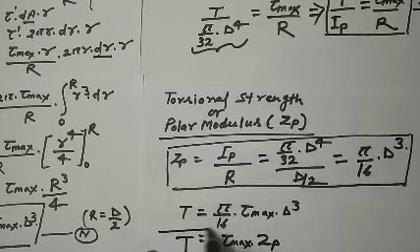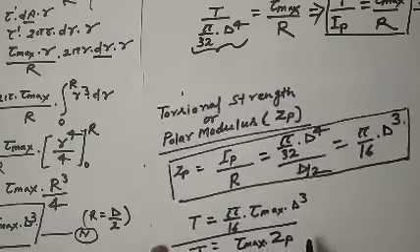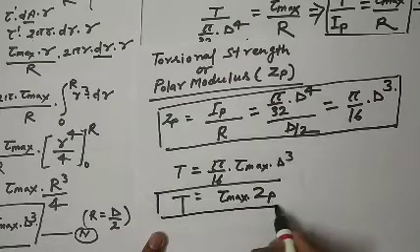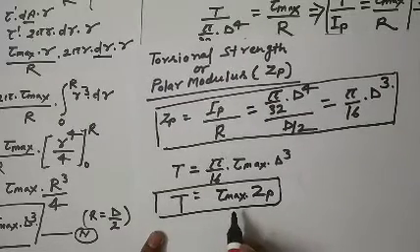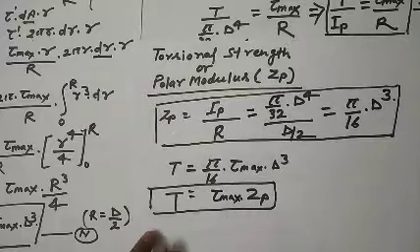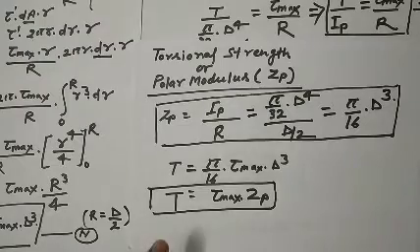If the value of tau max is unit, then T will be equal to ZP. So we can say that torque per unit maximum shear stress is known as torsional strength.